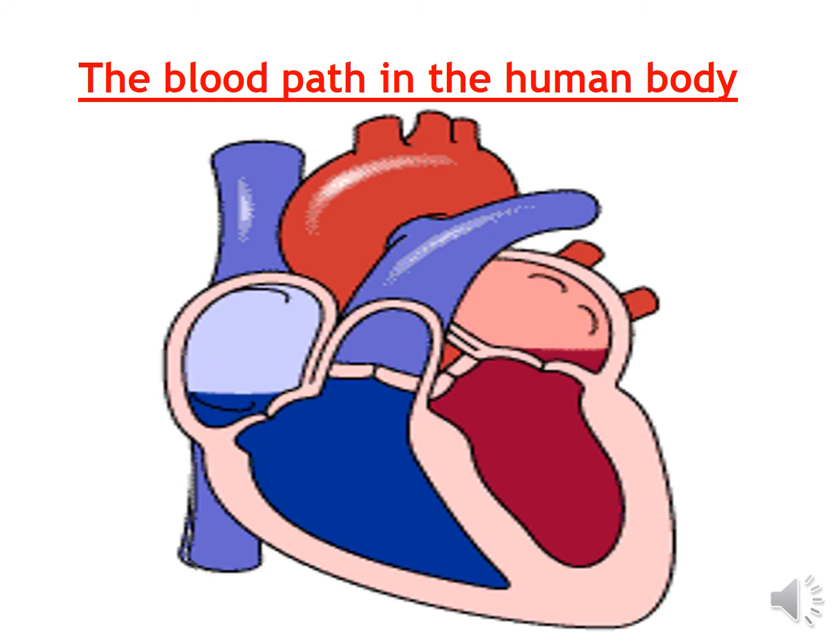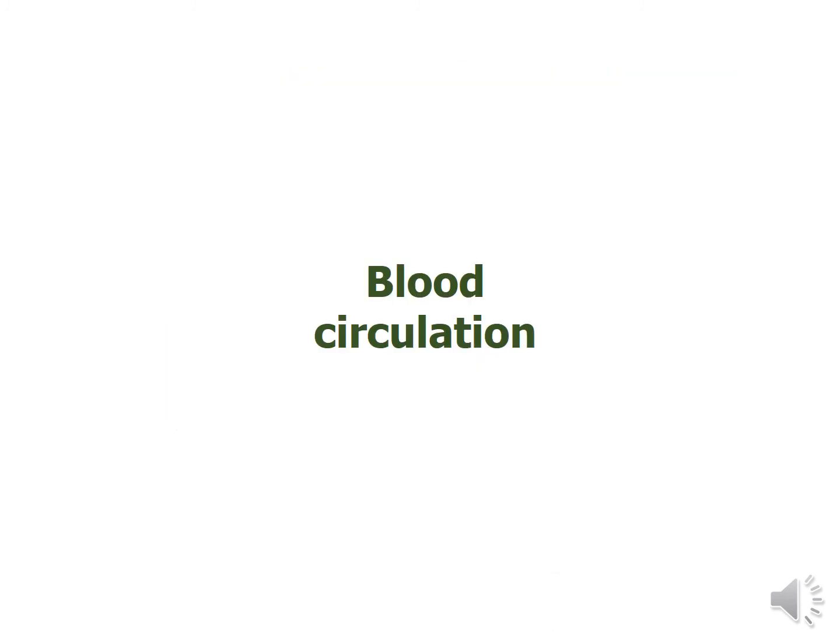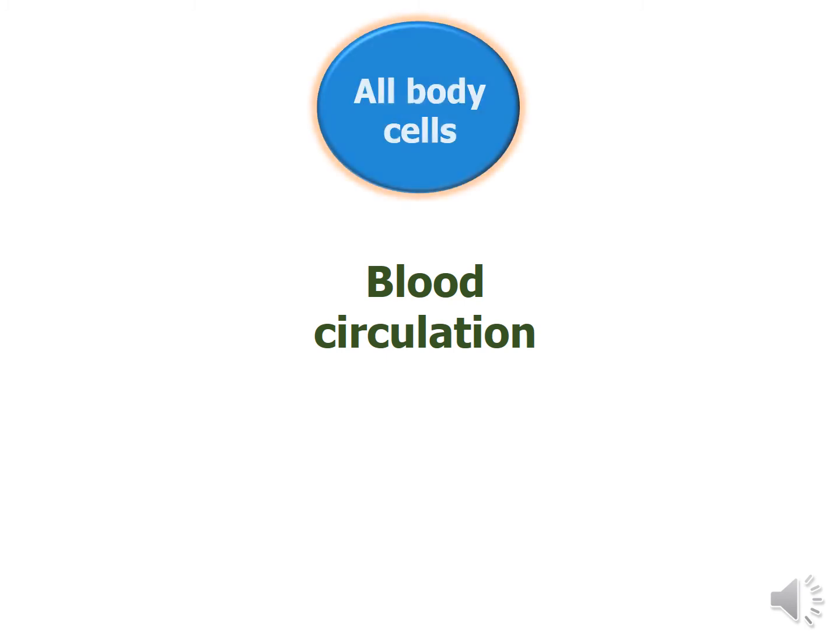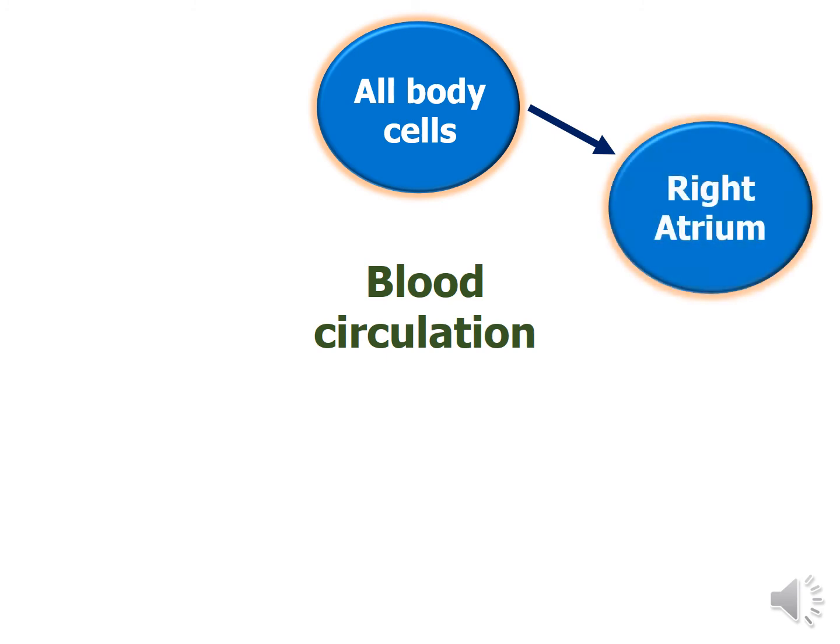The blood path in the human body. Blood circulation. Blood returns from all body cells to the right atrium inside the heart through the vena cava veins.